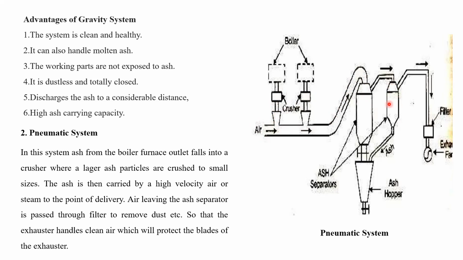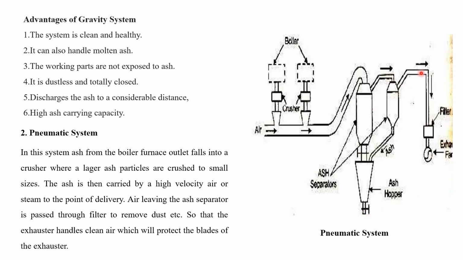Ash separators are seen here. While falling down, air flows in the upward direction and the ash falls down and is collected in the hoppers. With the help of water nozzles or water hydroejectors, this ash is disposed to the ash sump, then taken through the troughs, and then taken to the ponds.